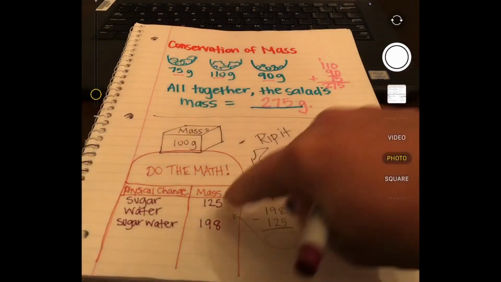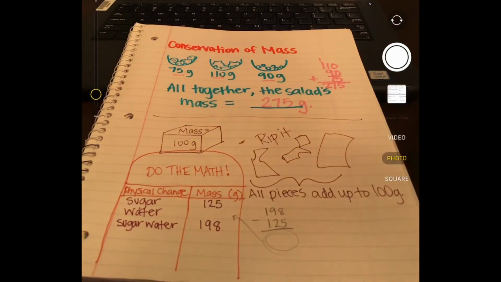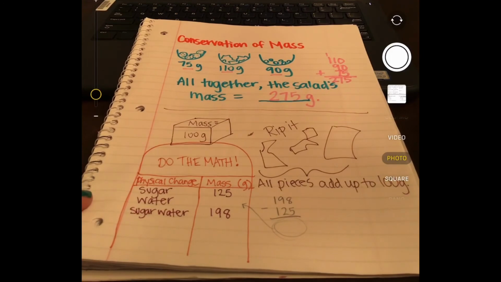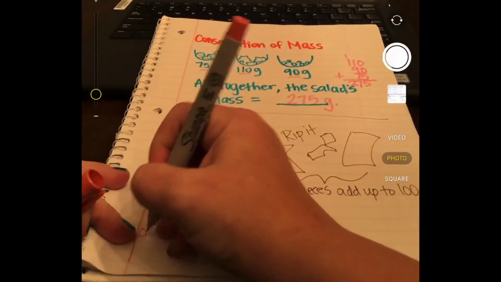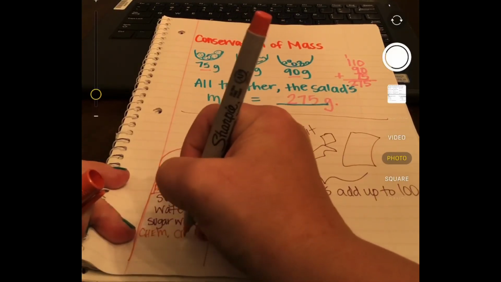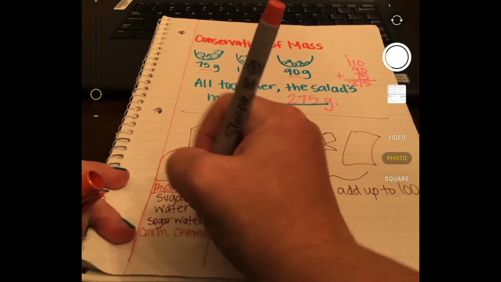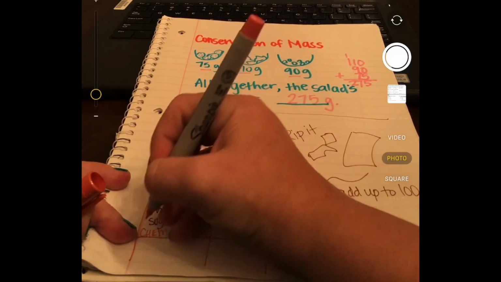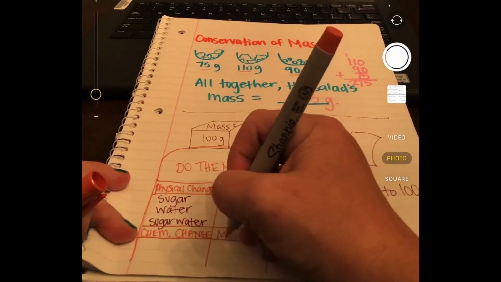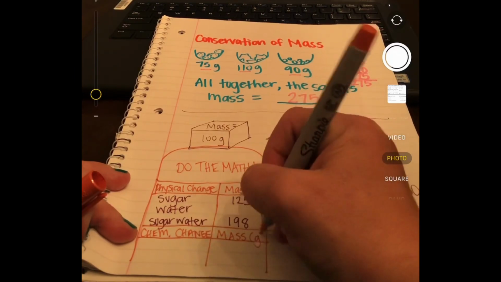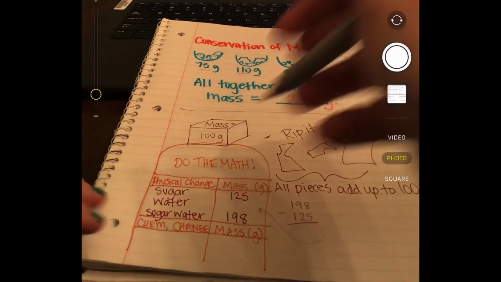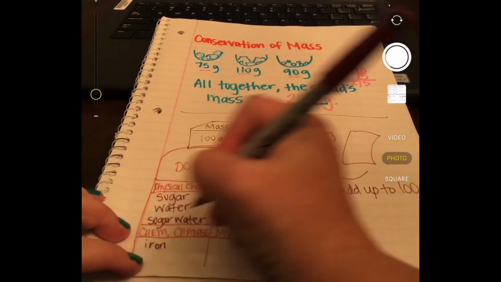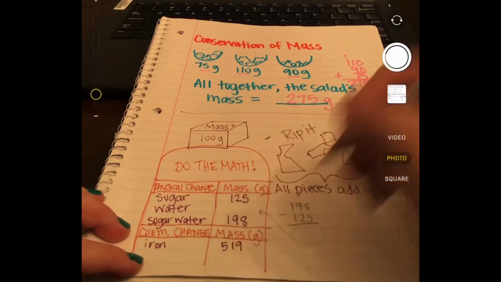All right, so now that you've found this answer, write it in there. I want you to write it in on your own. And we're going to go ahead and look at a chemical change now. So I'm going to go ahead and label this next part, which is chemical change, because we just talked about a physical one. And of course we have the mass here in grams. And we're going to have iron, that is 519 grams.